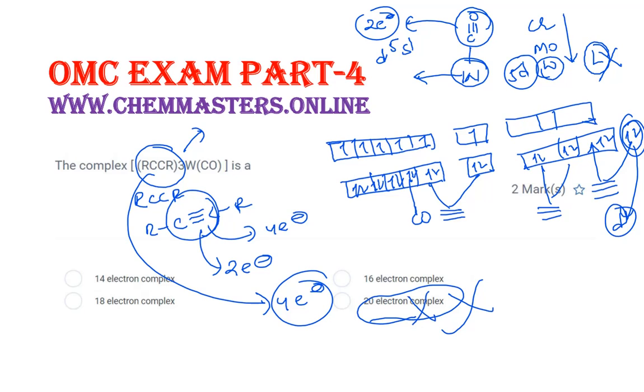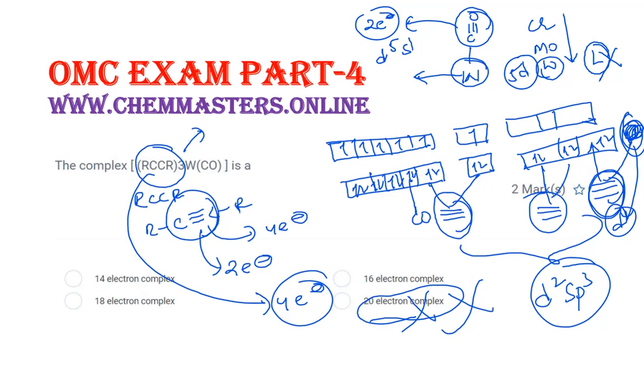So we can simply eliminate the 20 electron complex, and here you can understand that if 2 alkynes are 4 electron donors and 1 alkyne is a 2 electron donor, then it will lead to d2sp3 hybridization. So 2 alkynes must be 4 electron donors and 1 alkyne must be a 2 electron donor in this case.